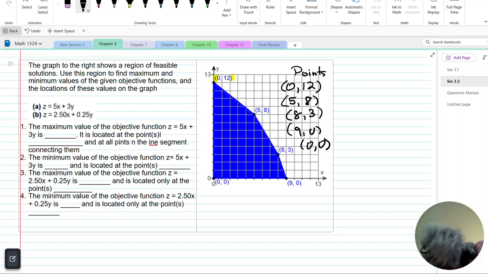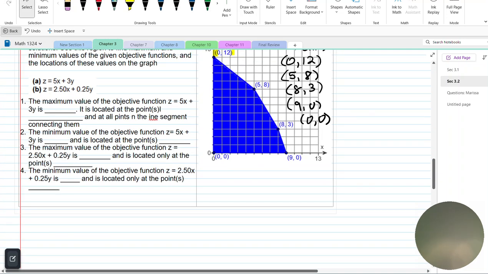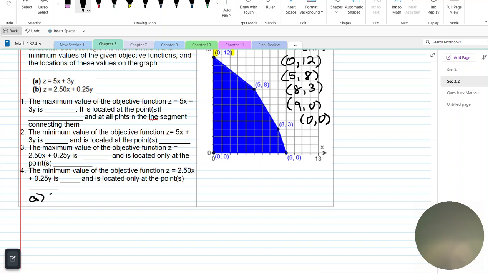All right, here we go. Let's read the problem. The graph to the right shows a region of feasible solutions. Use the region to find maximum and minimum values of the given objective function and the locations of these values on the graph. So let's find that. Let's do the math. So we're going to start with our A, which is z equals 5x plus 3y.